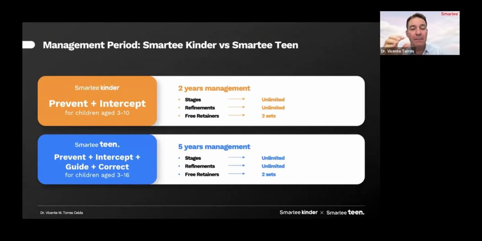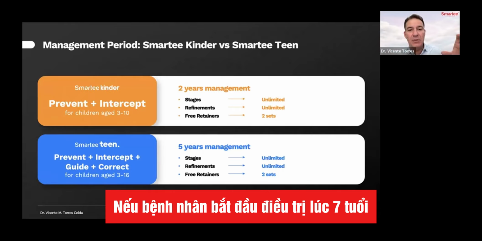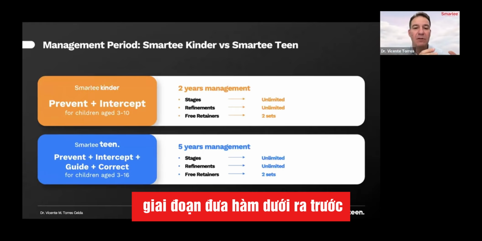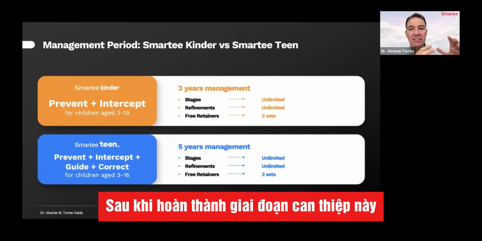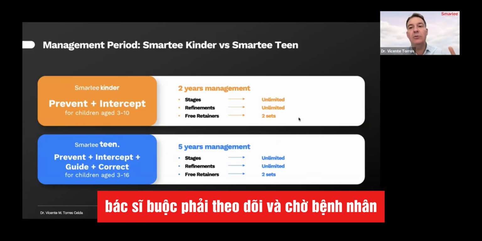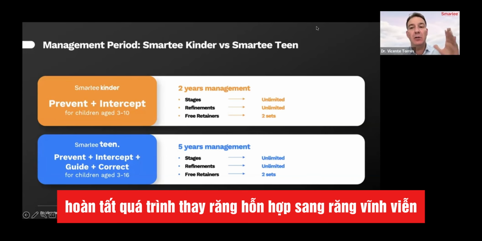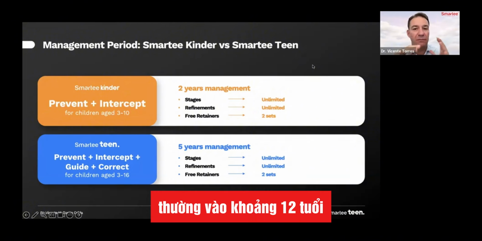If my patient starts treatment at 7 years and I move the mandible forward, which normally takes 1 to 1.5 years of treatment, I then need to wait for the patient to change all the teeth. Normally patients finish around 12 years. 7 plus 5 years is 12 years, and I have the end of my warranty.